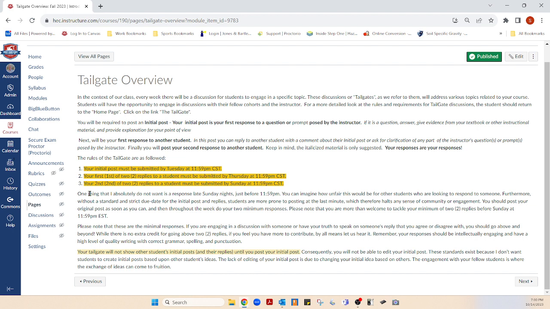The maximum score you can get on your initial response is 35. The minimum score is 0. In other words, if you leave it out, that's zero. The maximum score you can receive for your second response, if it lives up to all of my expectations, intellectual engagement, sentence structure, etc., is 35 points.